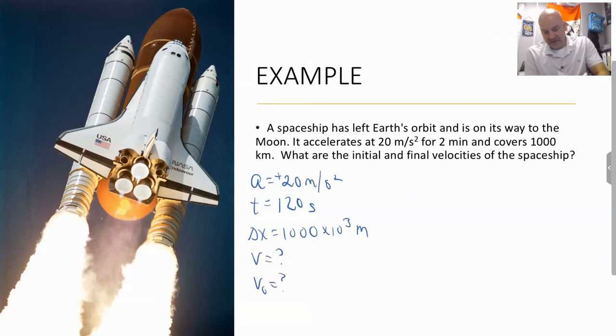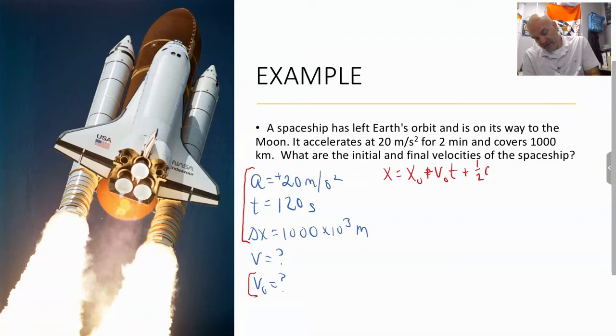So if I want to find v0, here are my four factors. The missing one would be our final velocity. There's one equation that doesn't have final velocity in it, and it's x equals x0 plus v0 t plus 1/2 a t squared. Again, x minus x0 is delta x.